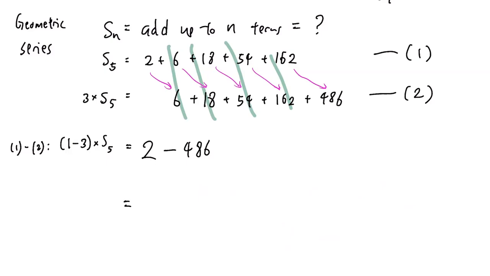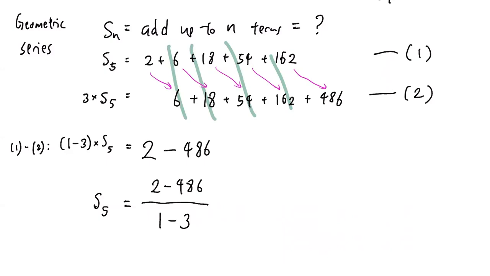So how do you solve for S5 now? 2 minus 486, you just have to divide by 1 minus 3, right? Yeah. Okay, very good. Then there we go. That's a formula for S5. So let's just key in manually 2 plus 6 plus 18 plus 54 plus 162.